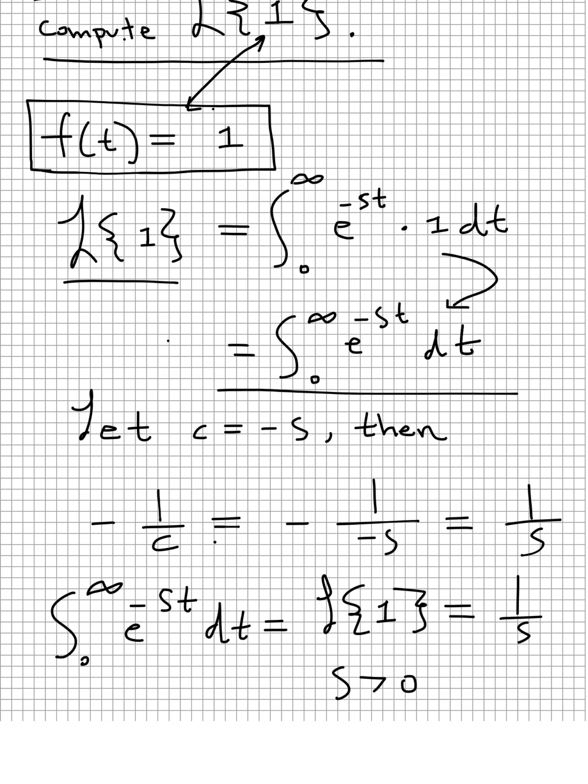So we can let negative s equal c, plug it in, and solve. Therefore, the improper integral from 0 to infinity of e to the minus st dt is equal to the Laplace transform of 1, which is simply 1 over s. And this is something you would find in a Laplace transform table.